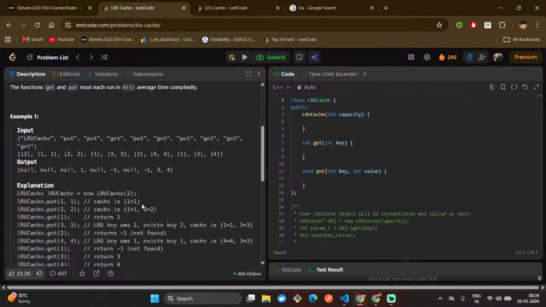Here we have one and one. The one and one, remove it. Again come here. Now complexity.